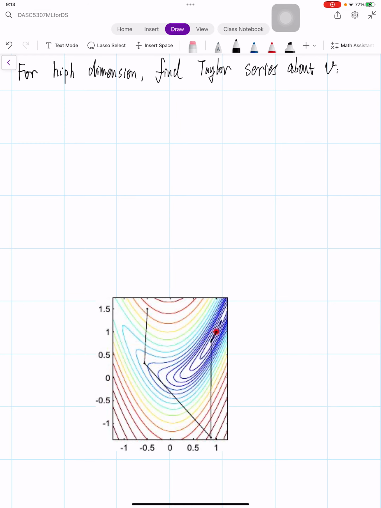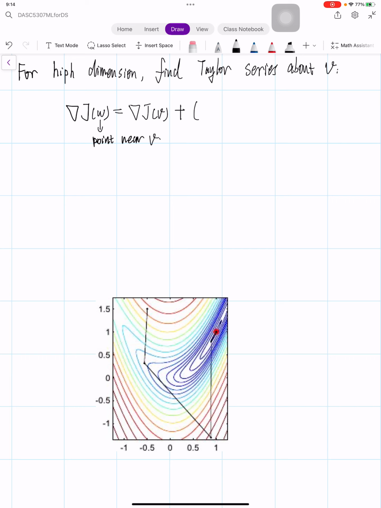So in the Taylor expansion, we can find the gradient of your cost function J at w, where w is a point near v. The gradient of J at v equals the gradient of J at v plus the second gradient of J at v times (w minus v), plus some higher-order term, the distance between v and w squared.